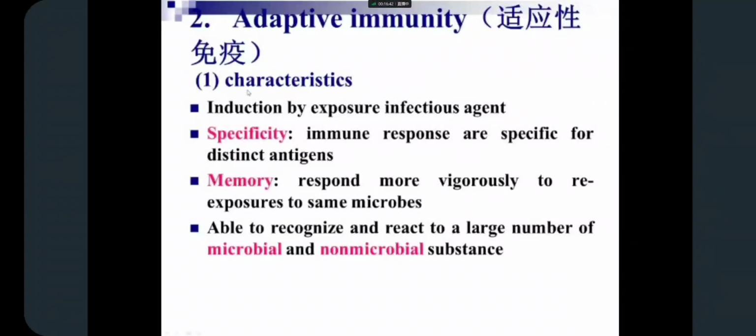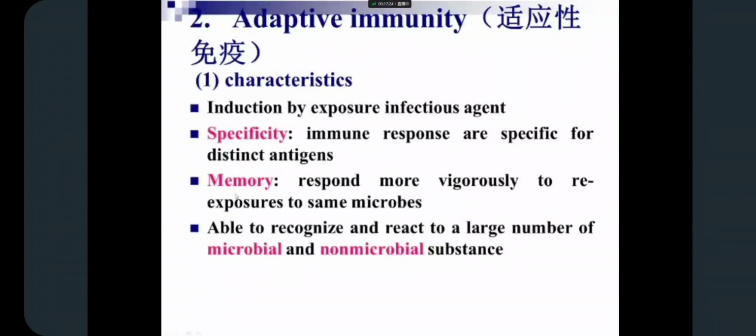Okay, so the characteristics of adaptive immunity are the following: it is induced by exposure to infectious agents. Also, it has specificity. Immune responses are specific for distinct antigens.